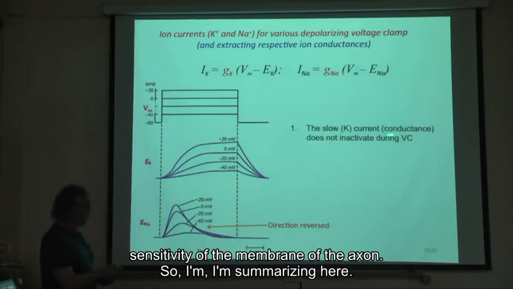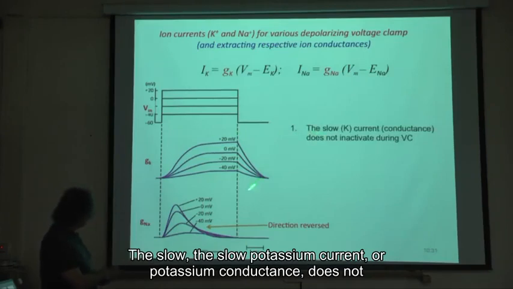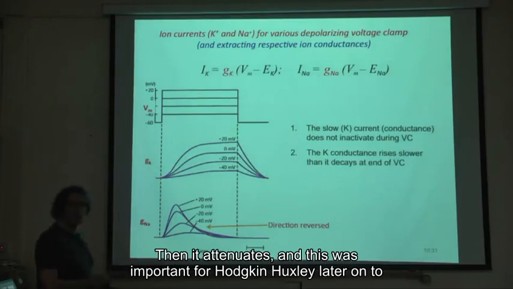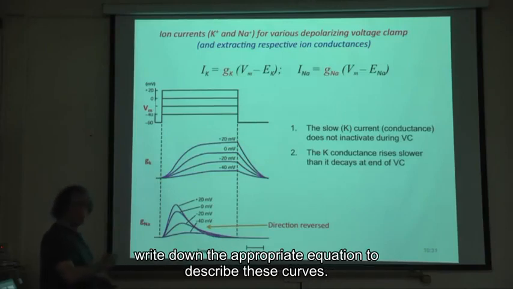So I'm summarizing here. The slow potassium current or potassium conductance does not inactivate during voltage clamp. Note that the K conductance rises slower than it attenuates. And this was important for Hodgkin-Huxley later on to write down the appropriate equation to describe these curves.